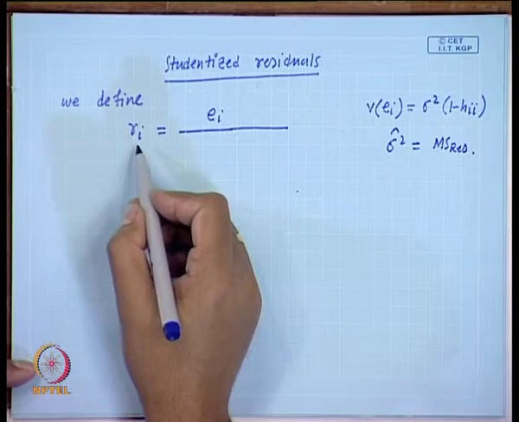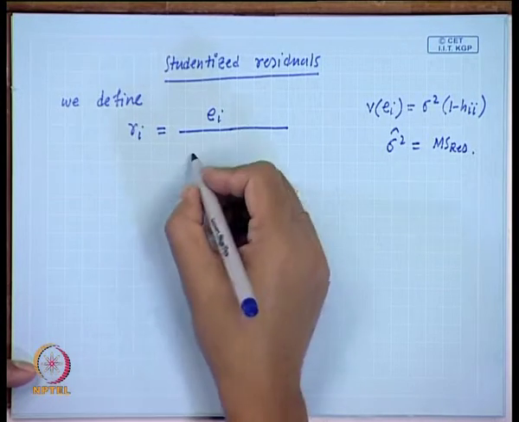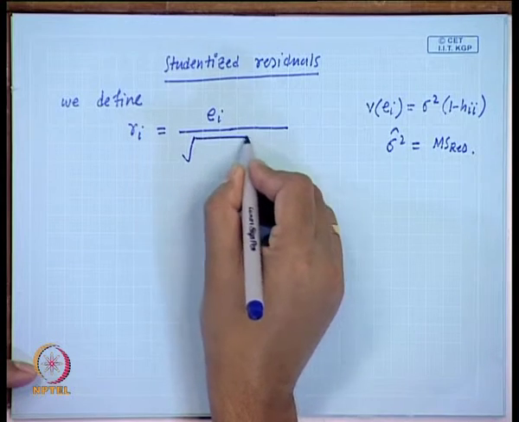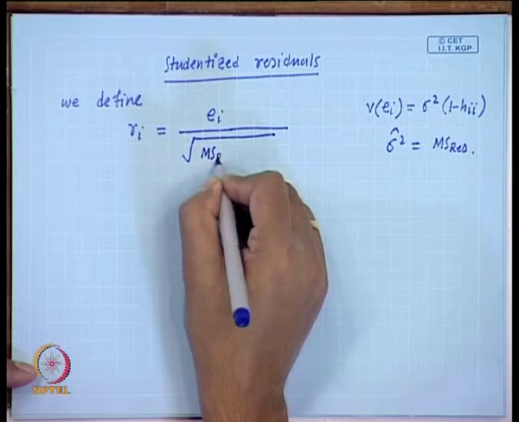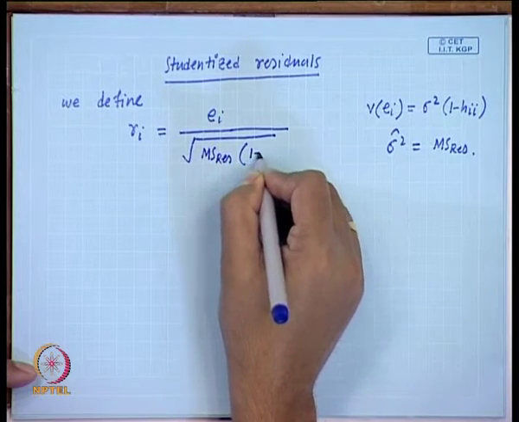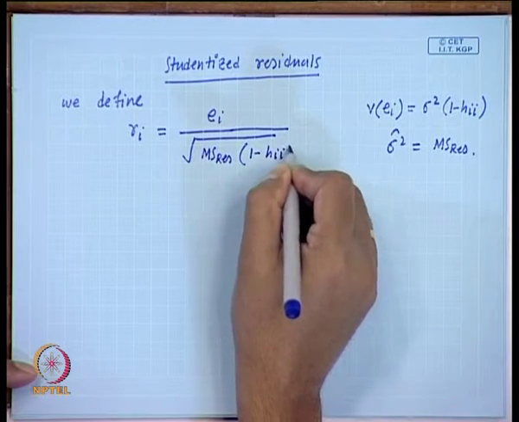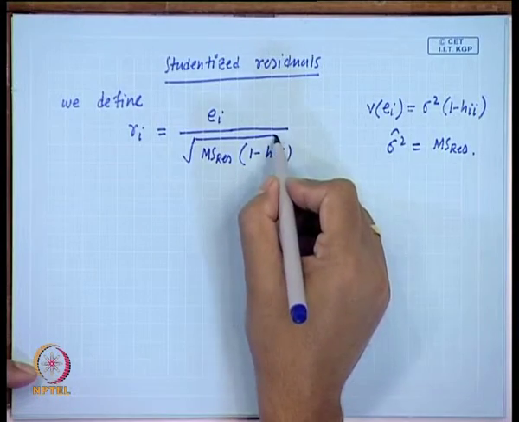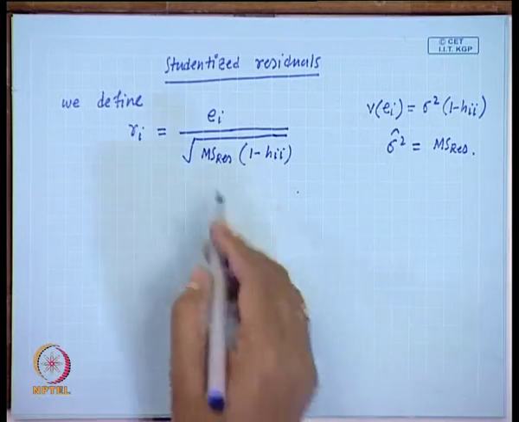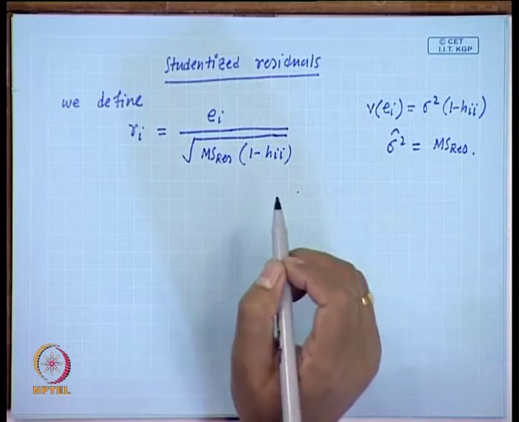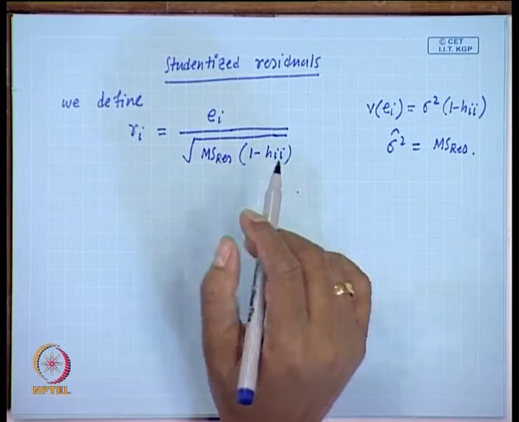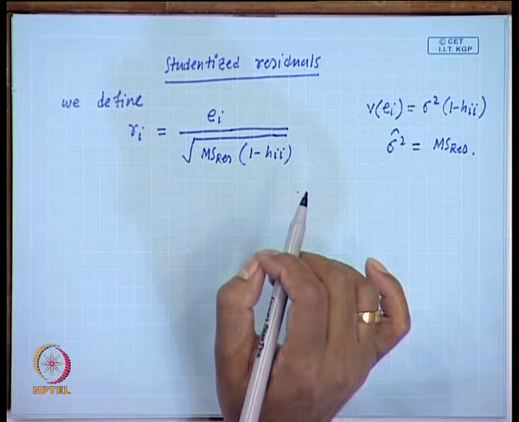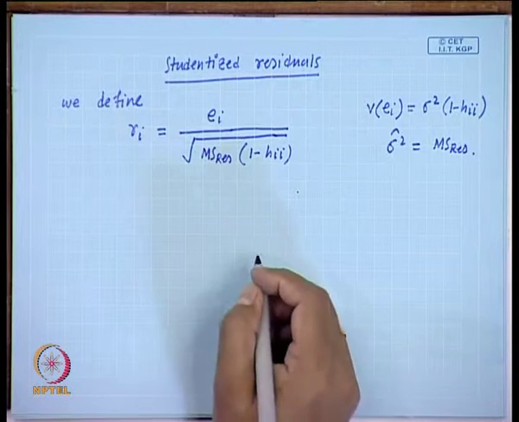So, the studentized residual ri is nothing but ei divided by the square root of MS residual into 1 minus hii, that is, the ith residual divided by its standard deviation.